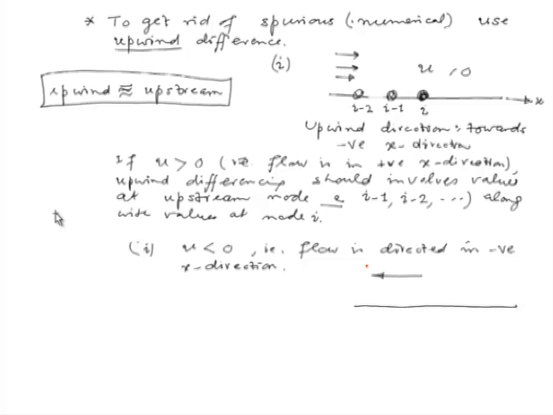This is the direction of the flow at a given node location I. So upstream nodes would be nodes I plus 1, I plus 2, I plus 3 and so on.